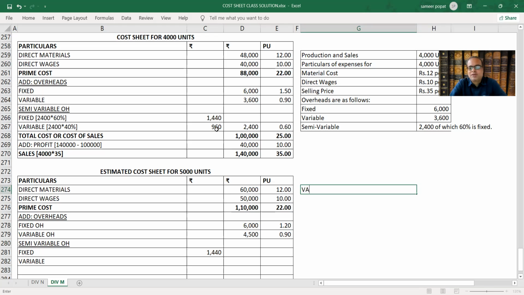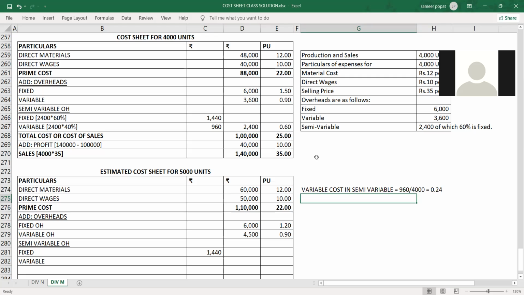Variable cost in semi-variable, 960, is for 4,000 units. So 960 divided by 4,000, 0.24. So this 0.24 will remain constant. This 960 would change, but this 0.24 would remain constant.